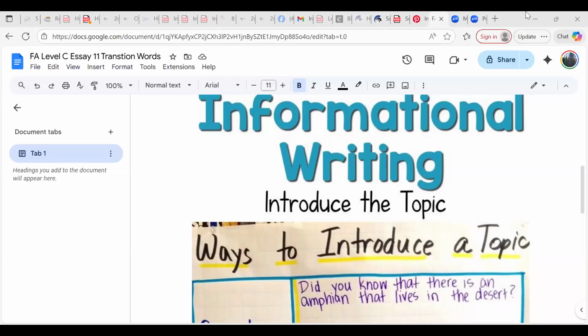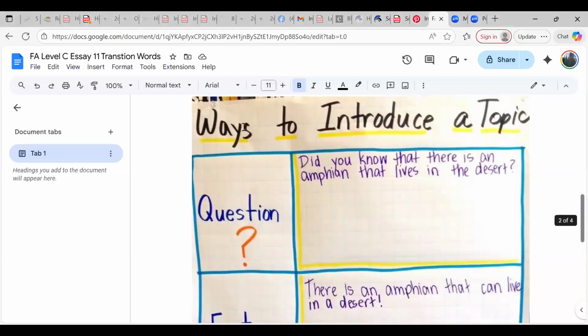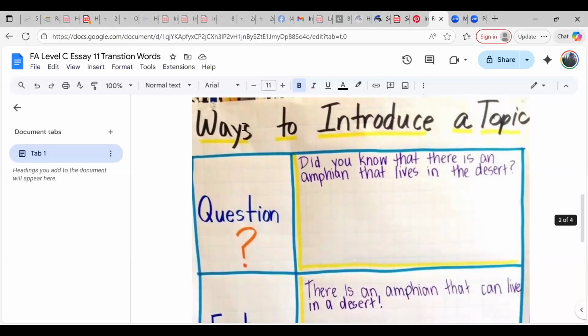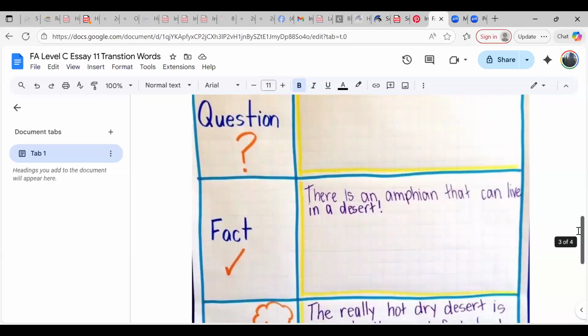Okay, let's continue. So for informative writing, our first sentence, we can use a question. And here is the example that they have: Did you know that there is an amphibian that lives in the desert? So we can use a question for our first sentence, our lead to our informative essay.